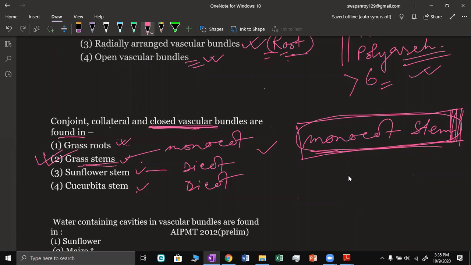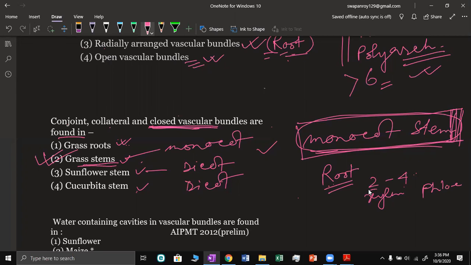Yes. See, in the root or stem, in the root there are usually 2 to 4 xylem and phloem bundles. In some cases there is only one also.